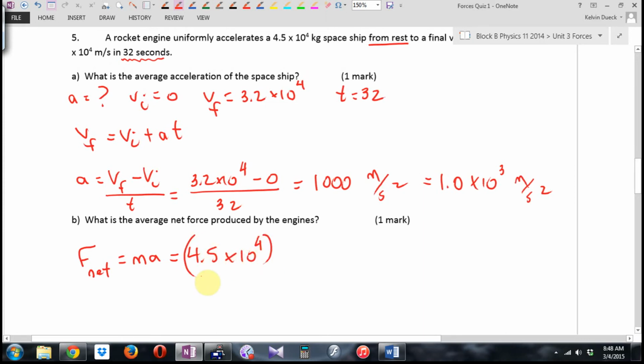I Googled it. Do I know the acceleration? There's my net force, which I think is going to end up being 4.5 times 10 to the 7th newtons. It's powers of 10, and I can do that in my head. 1 mark.